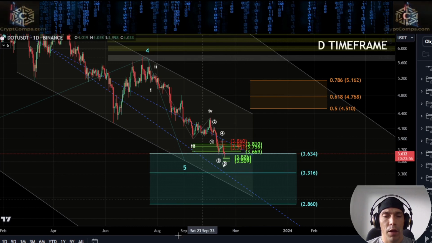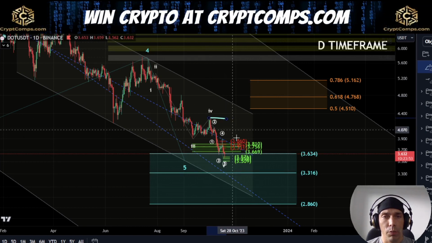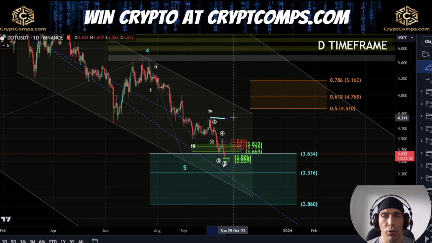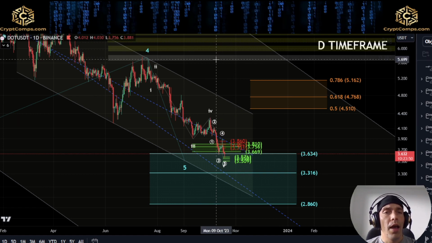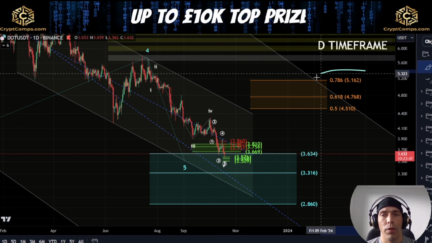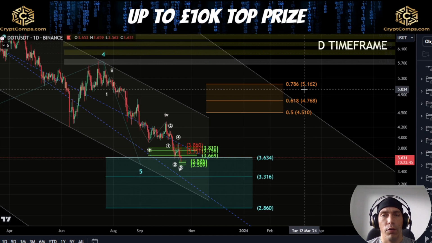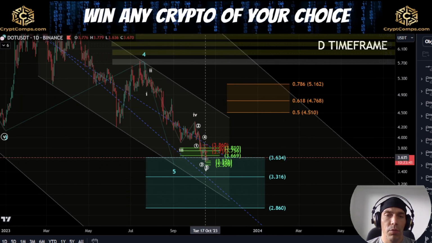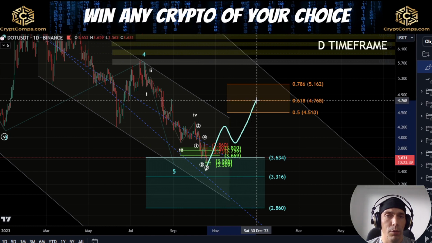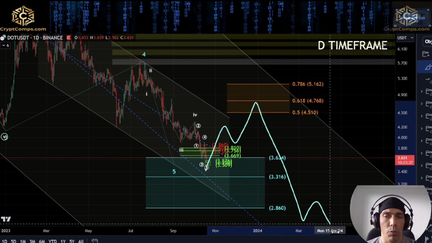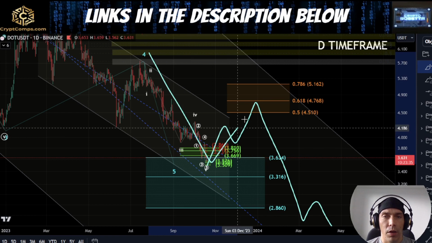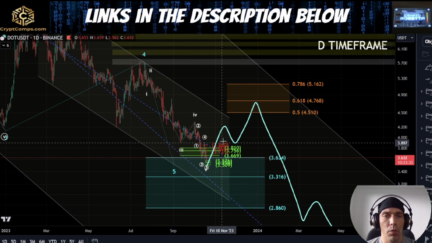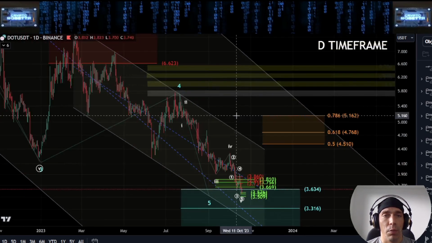Now, we're not going to have any kind of indication of this until we start to break primarily above this fourth wave, which is sitting here at this 431, and then finally moving back above this 786 level here of this 516. If we fail to break back above this 516, we need to be very careful of the idea of seeing a 3-wave move up here and then seeing this move continue down, where this actually becomes 1, 2, 3, 4, 5, and then we would be looking at that potential for some extension.